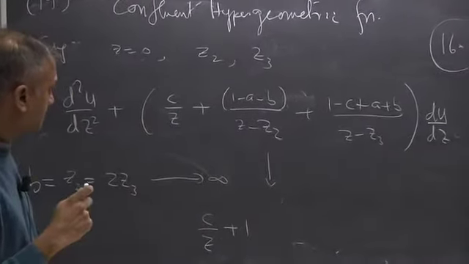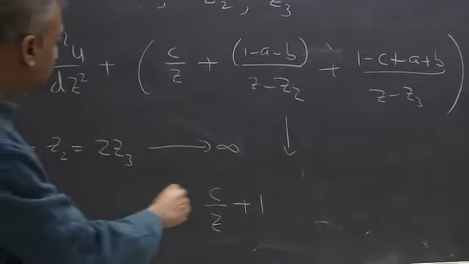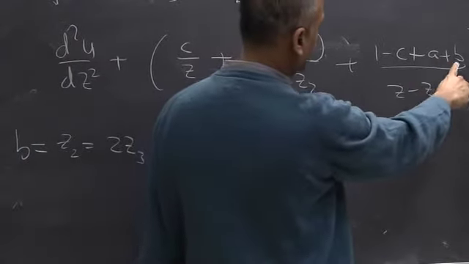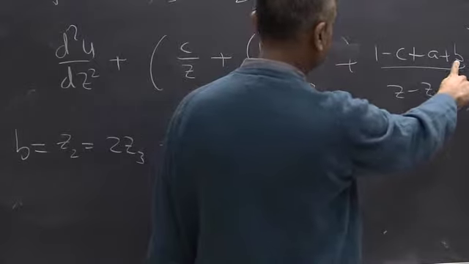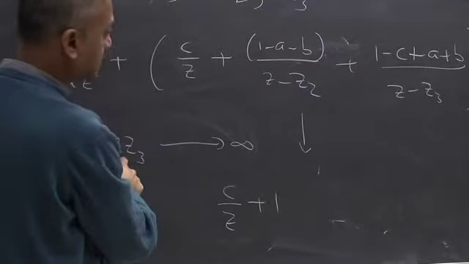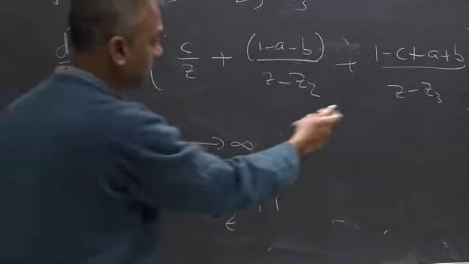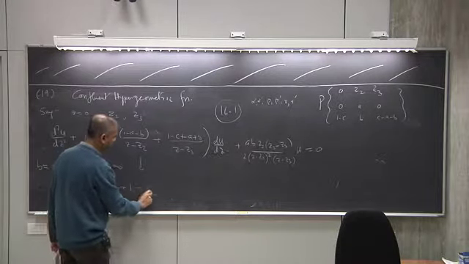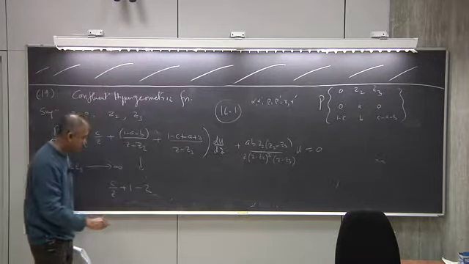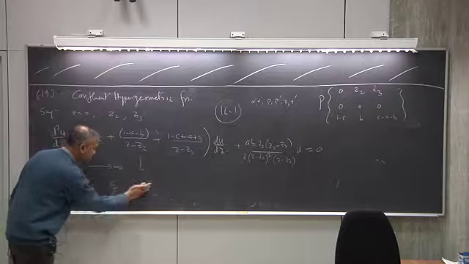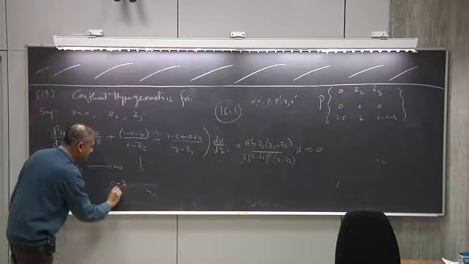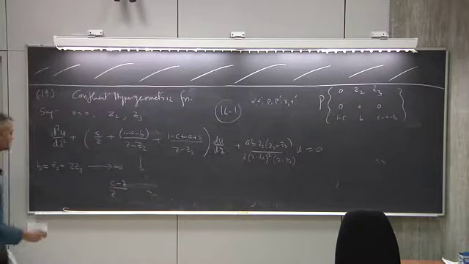Whereas this one becomes, let's see, B is equal to 2Z3, and that's going to infinity. So this gives you -2, because there's a minus sign here. So altogether this becomes -1, or C minus Z divided by Z, times du by dz.